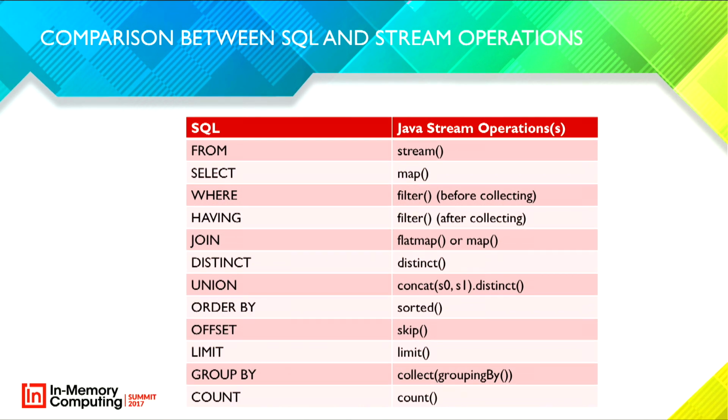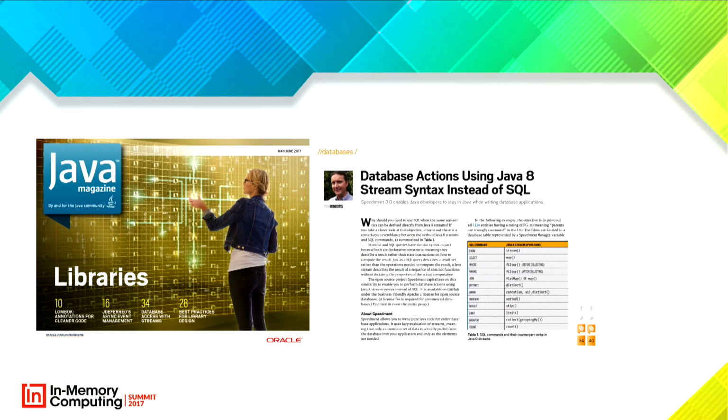Okay, so for example, where in SQL corresponds to applying a filter to a stream, count is count, and group by is collect grouping by. So there is a correspondence: everything you can do with SQL, you can do with the Java stream. And this is something I wrote an article about in Java Magazine, one of the recent issues.